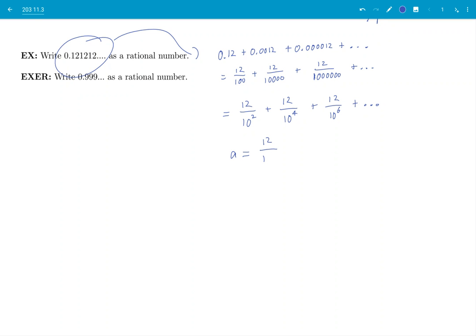The first term is 12 over 100. The R is second term divided by first term, 1 over 100.